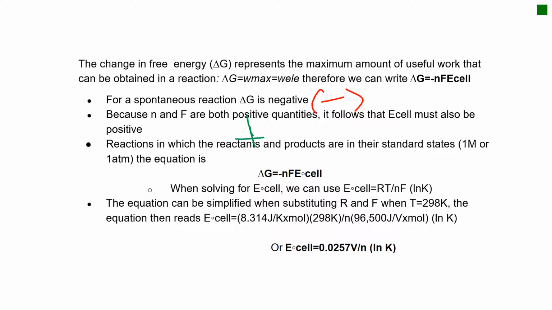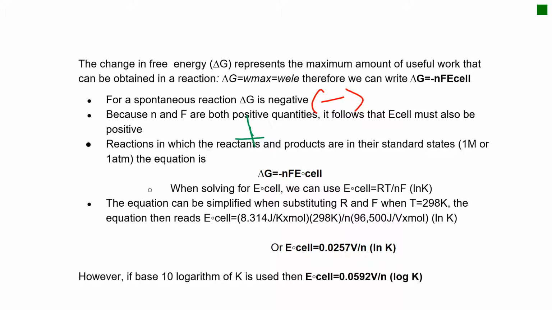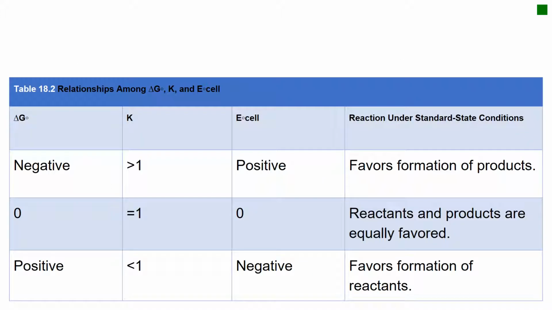It can also be simplified to E cell equals 0.0257 volts divided by n times the natural log of K. But if it was the base 10 logarithm of K instead of the natural log, then it would be E cell equals 0.0592 volts divided by n times the base 10 logarithm of K.